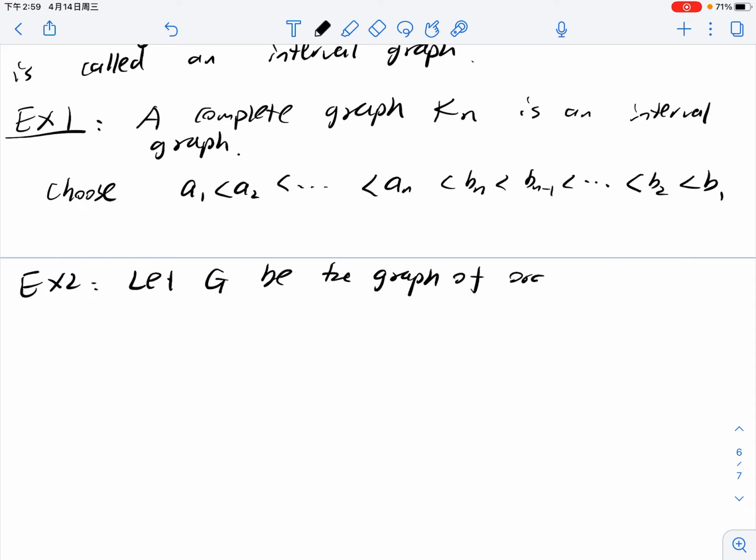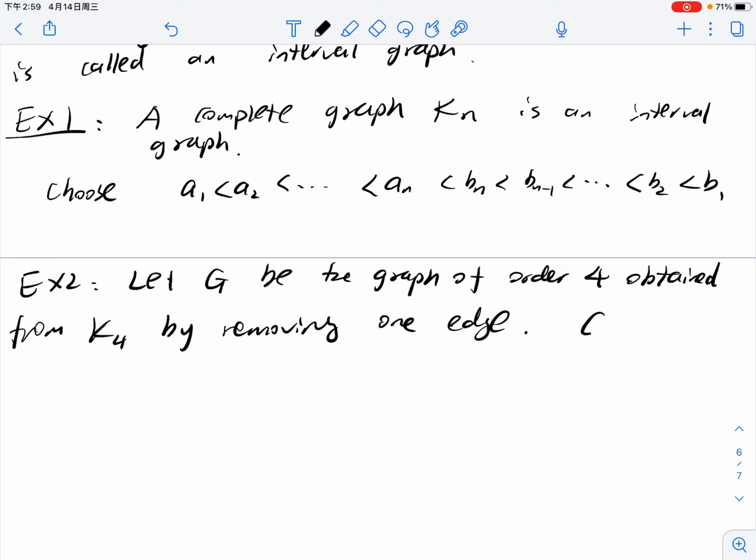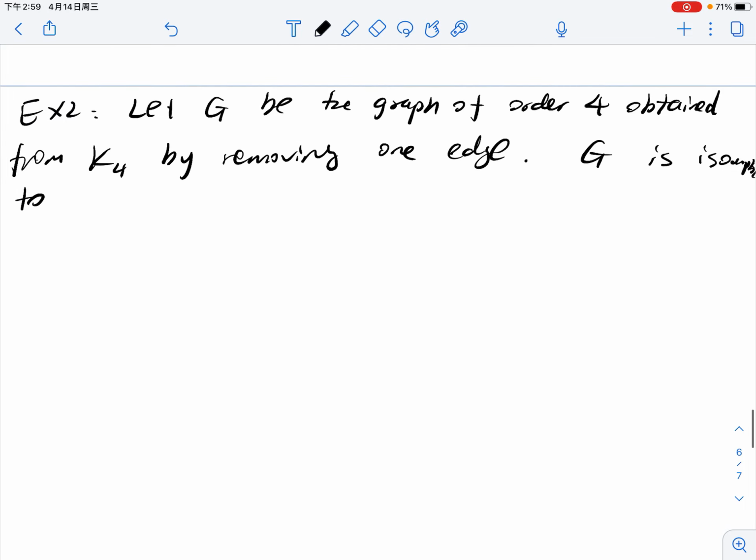And example 2: let G be the graph of order 4 obtained from K4 by removing one edge. Then G is isomorphic to the graph of intervals determined by A4 less than A1 less than A3 less than B4 less than A2 less than B1, B2, B3.